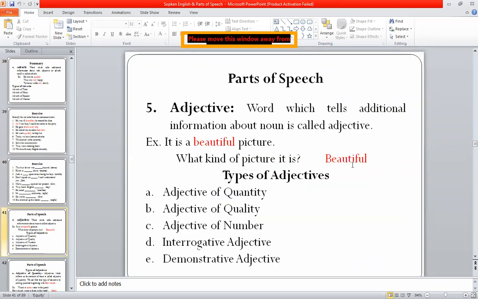Okay, so let's see the fifth part of speech, that is adjective. Let's see its definition first and then we will see its types.